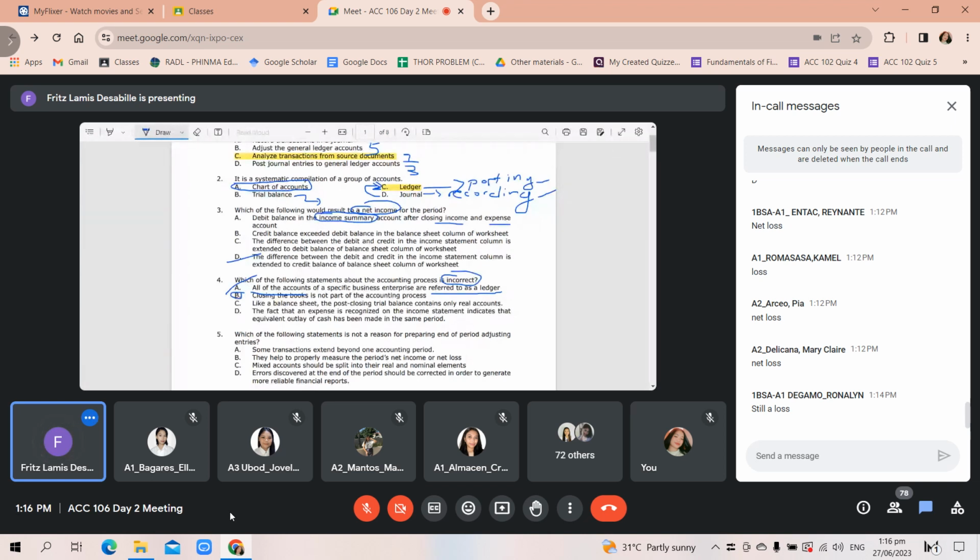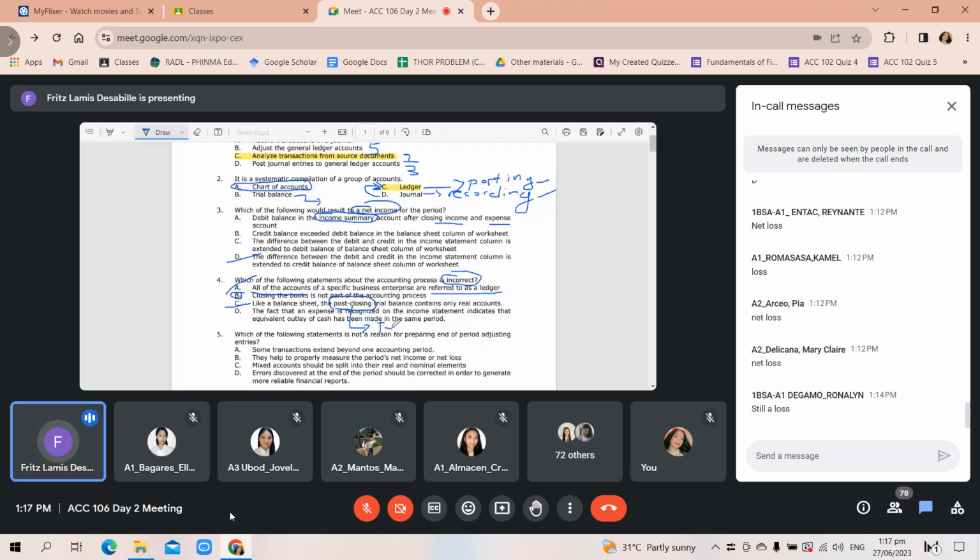Okay. Letter C, like a balance sheet, the post-closing trial balance contains only real accounts, correct? No, because after the closing, what you close are the temporary accounts.